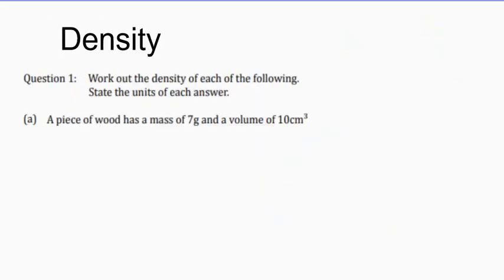Now the other questions are on density. So remember from that video that you should have watched, density equals mass over volume. I tried to explain in that video what we actually mean by density. Right, let's take that information and answer the question. It says work out the density on question 1. There's a number of these to do.